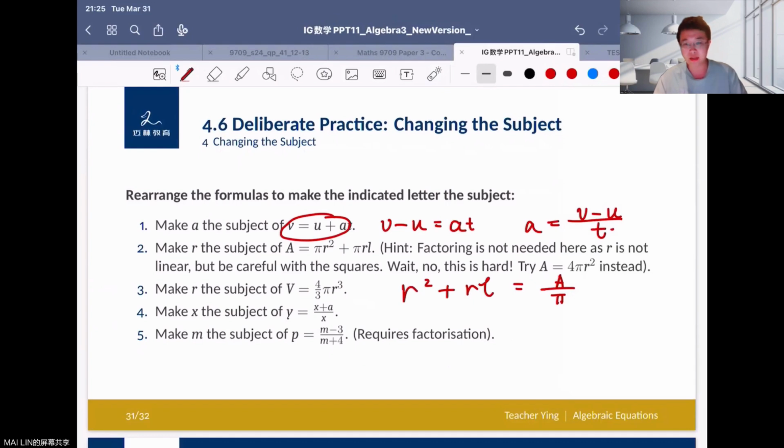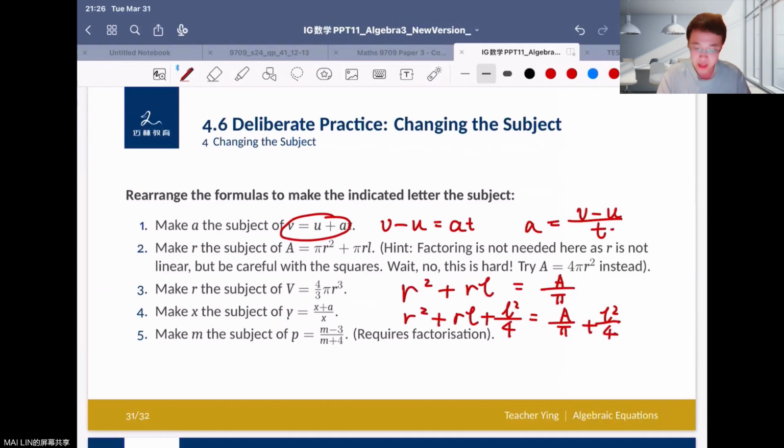That is it. And here you can find there's a hint. You just want to make r on the left side. So maybe you can first make it r squared plus rl, and to make it a square number, we can add l squared over 4. So it becomes r squared plus rl plus l squared over 4, and on the right, we have also added l squared over 4.